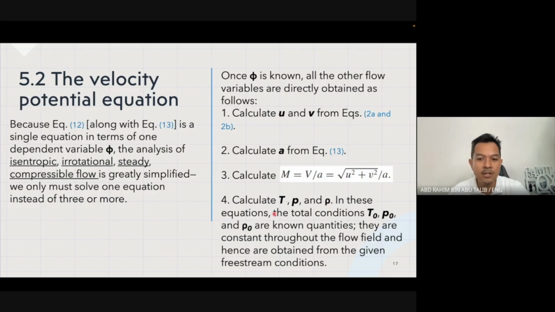In these equations, the total conditions T naught, P naught, and rho naught are known quantities. They are constant throughout the flow field and hence are obtained from the given free stream conditions.